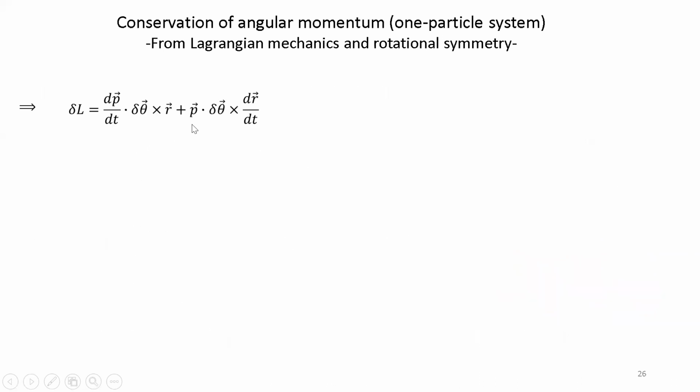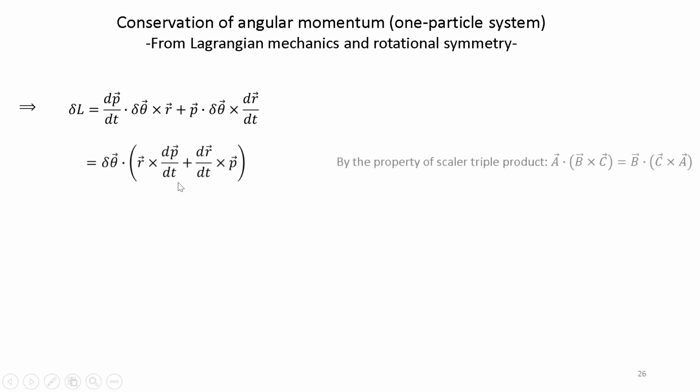So I just repeat writing the same equation here again. Next, I try to make this delta theta an overall common factor, so here I use this property. Now I just want delta theta dotted with something, so we're almost done.